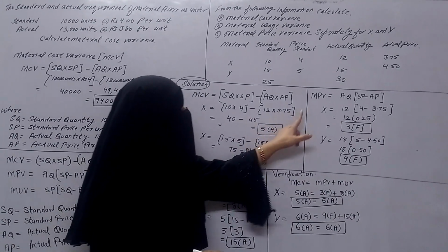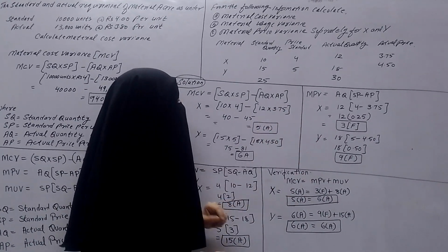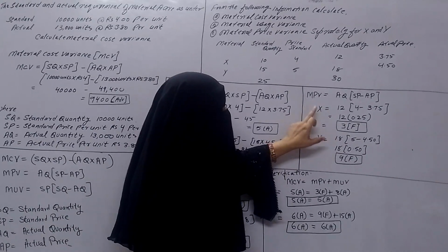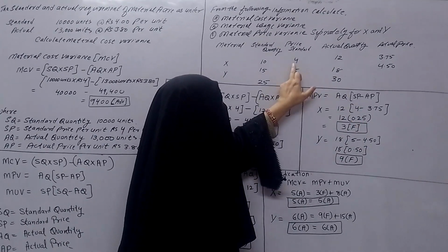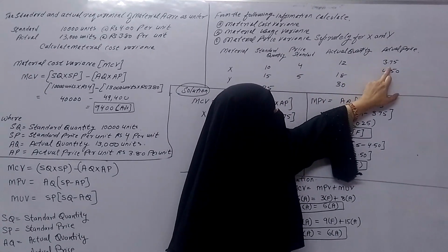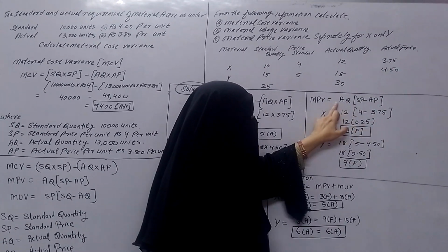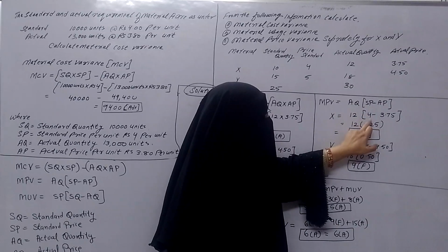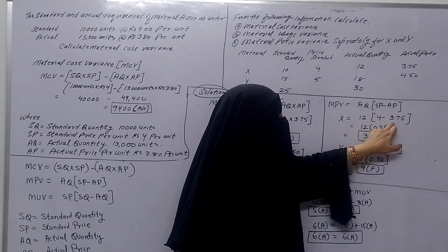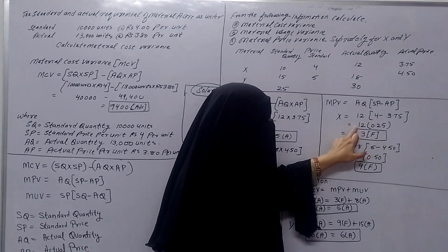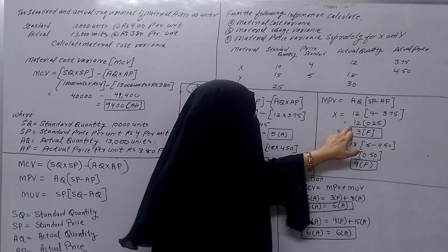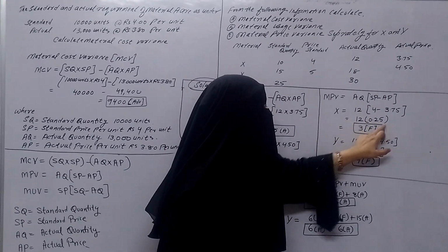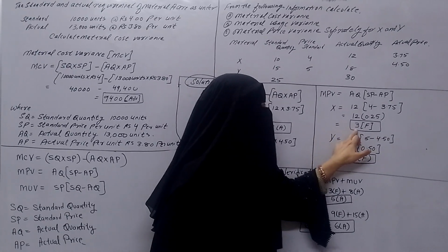So separately MPV for X and Y. For X, actual quantity is 12, standard price is 4, actual price is 3.75. So 12, 4 minus 3.75, 0.25. So 12 into 0.25, answer is 3.